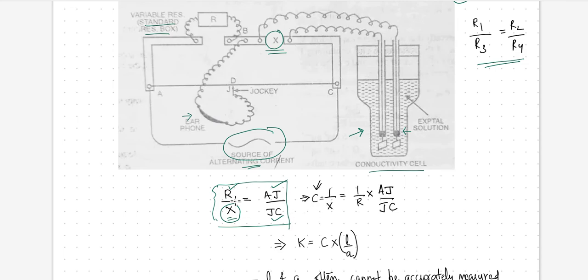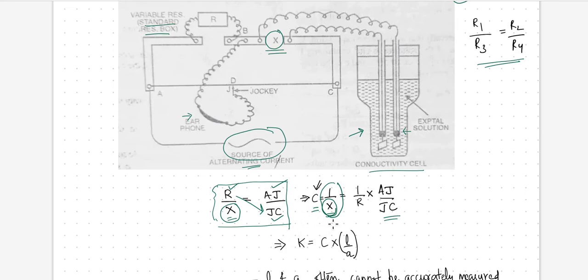If you rearrange this, it becomes 1 upon X equal to 1 upon R into AG by GC. Now this 1 upon X is 1 upon the resistance of the conductivity cell, and you remember we have related 1 upon resistance to conductance.